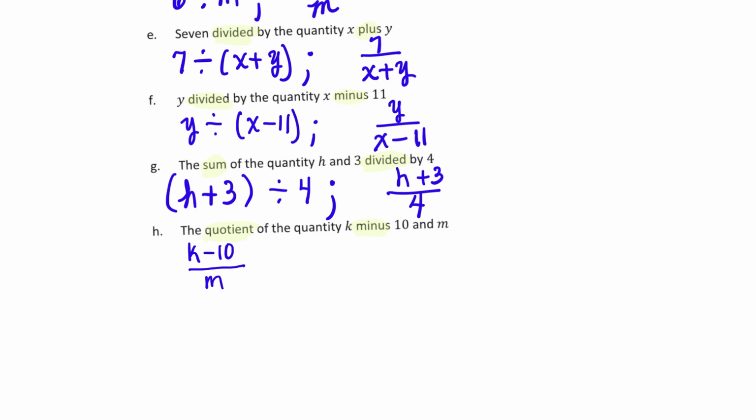That's one way. And then let's do the other way. K minus 10 divided by m. So the quotient means the division of the quantity k minus 10 and m. I hope you understand how the word and separates where the division is. Okay, fantastic.